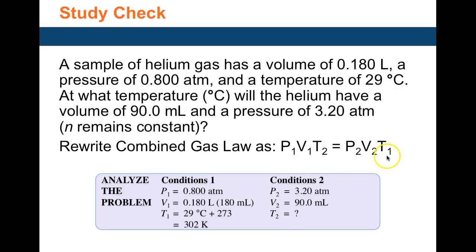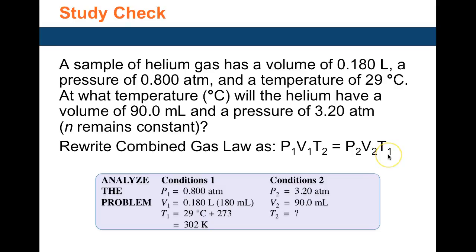Okay, so write it in this form with opposite temperatures. Now you're solving for T2, so all you have to do is divide both sides by P1 V1. All right, so P2, that's 3.2 atmospheres, V2 is 90 mL, T1 is 302.